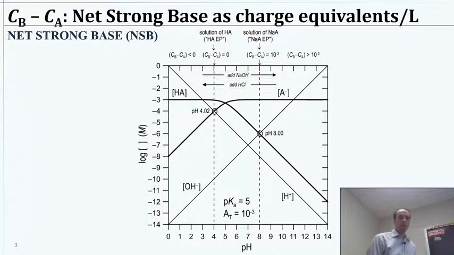And remember that for the HA and A minus, we're on a log concentration plot, where the total amount of A is approximately 10 to the minus third moles per liter.